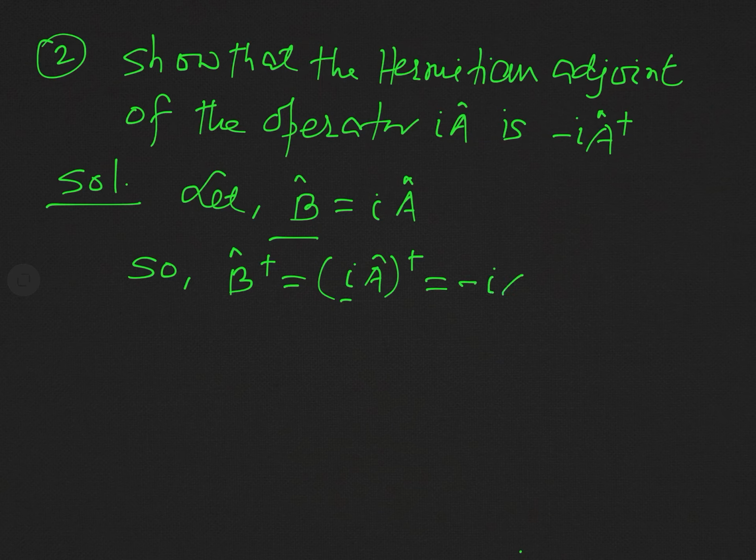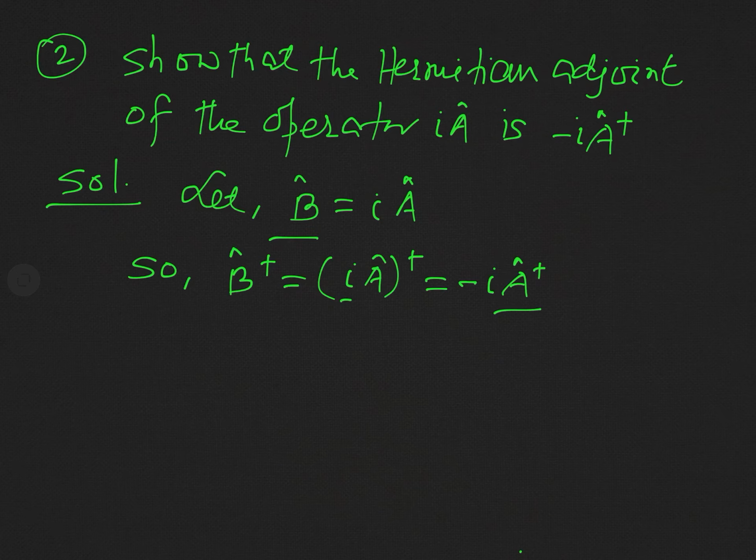This will be minus i, and the operator is changed to its Hermitian adjoint. So this will be minus i A hat dagger. So we can see that, remembering the important rules, we can easily solve this type of problem.